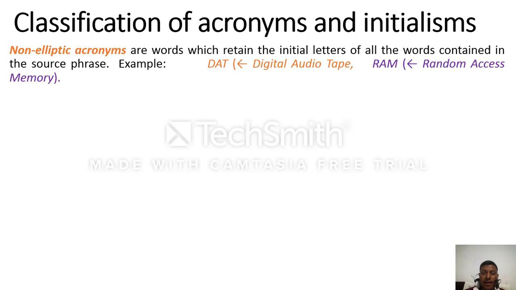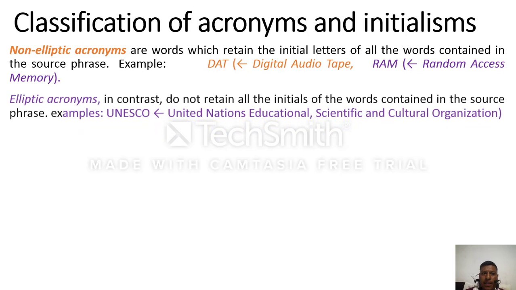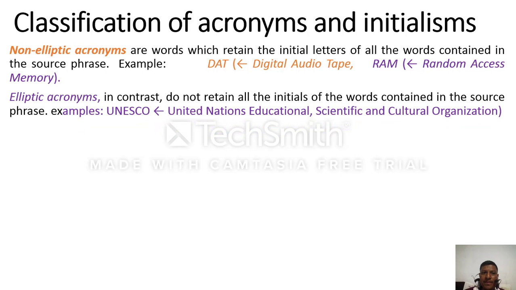Here you have a definition, for example, of acronyms. The first, non-elliptic acronyms, are words which retain the initial letters. For example, DAT, digital audio tape. RAM is random access memory. RAM only retained the initial letters.